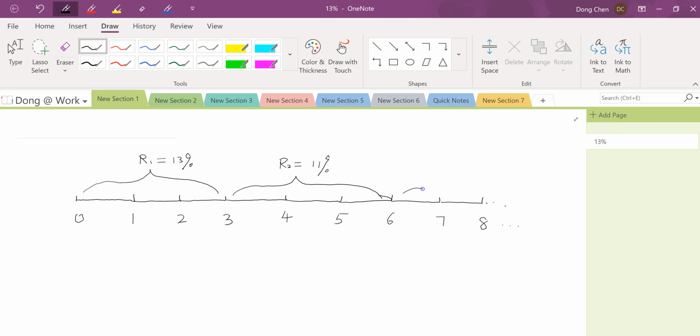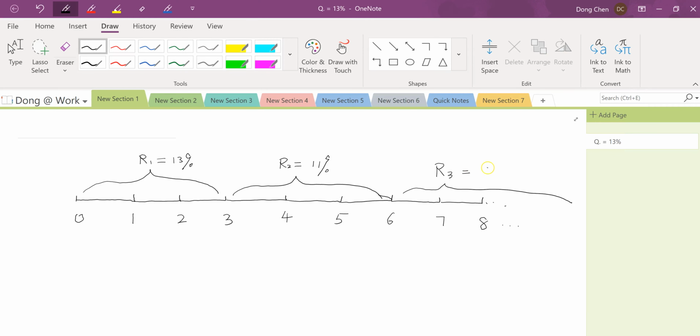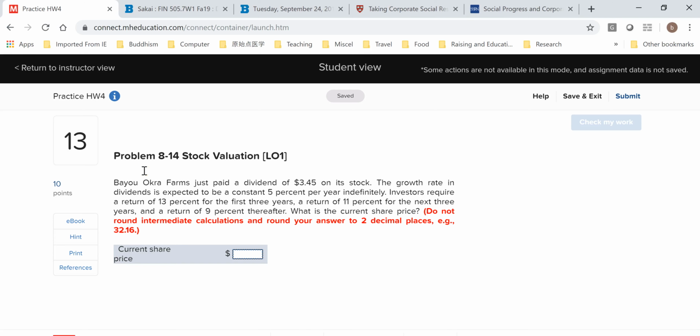And finally, thereafter, this return is 9%. And further, we're provided with D0, which is $3.45.